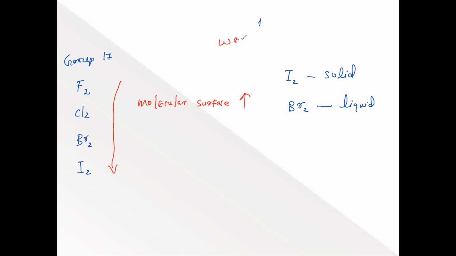You can say weak van der Waals forces, or you can say the London forces too. Right? So as you go down, your molecular size is increasing, the molecular surface area is increasing, and your van der Waals force, or the weak London forces, also will be increased.